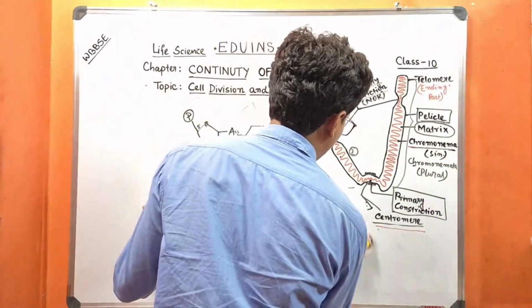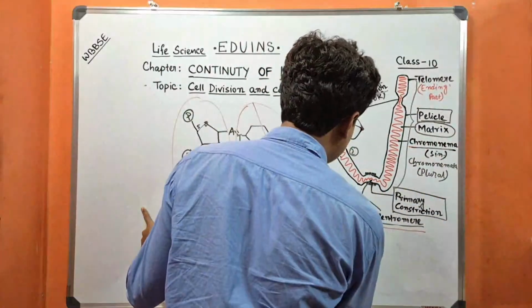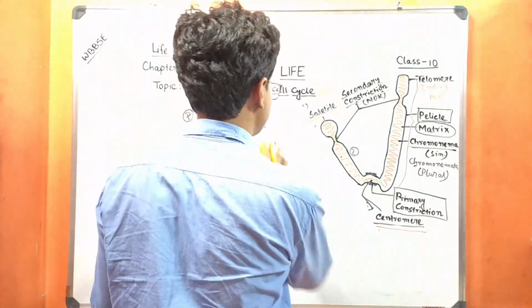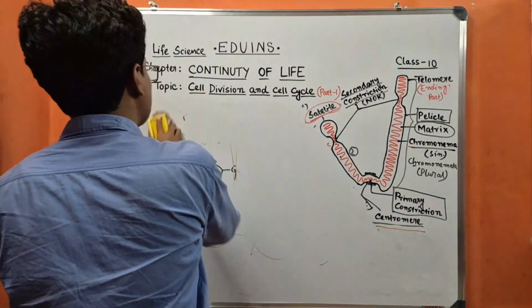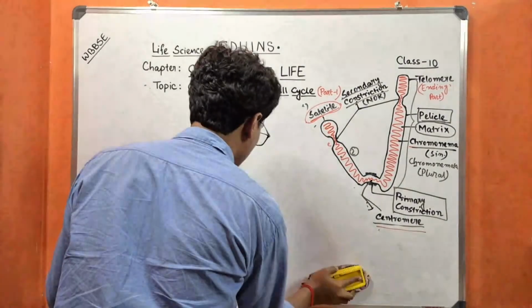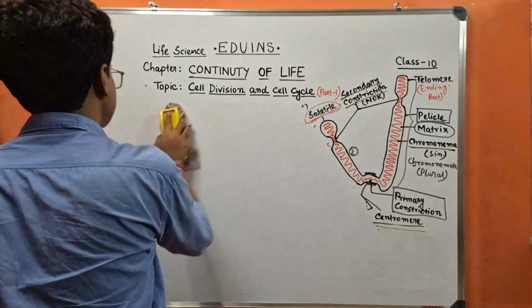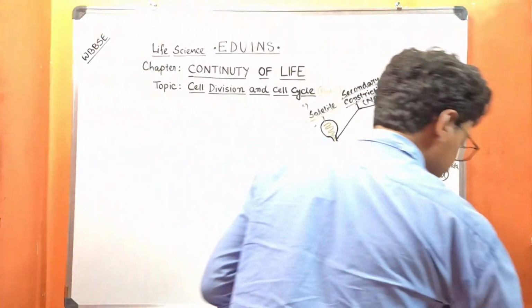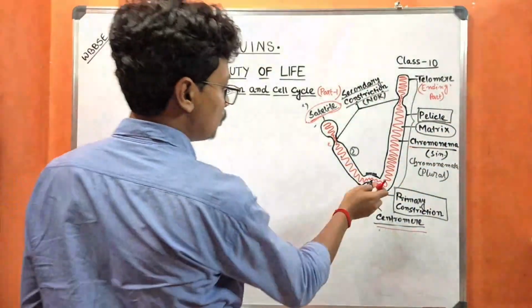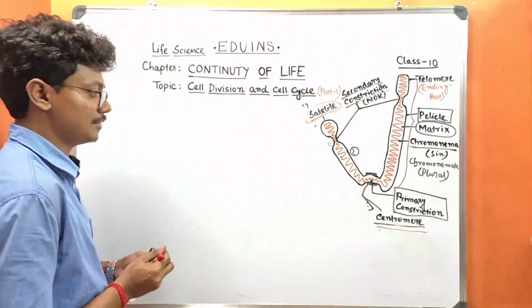One remaining part is that, based on the position of the centromere in the chromosome, they are further categorized into four types. What are they? The position of the centromere.